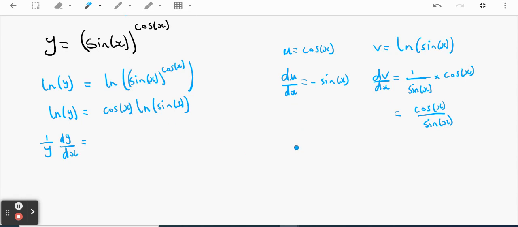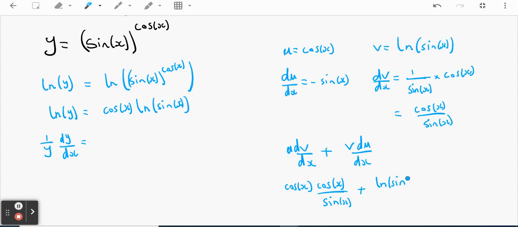Okay, so the product rule is u dv/dx plus v du/dx. So that becomes u, which is cos x, times dv/dx, which is cos x over sine x, plus v, which is ln sine x, and then multiplied by du/dx, which is minus sine x.